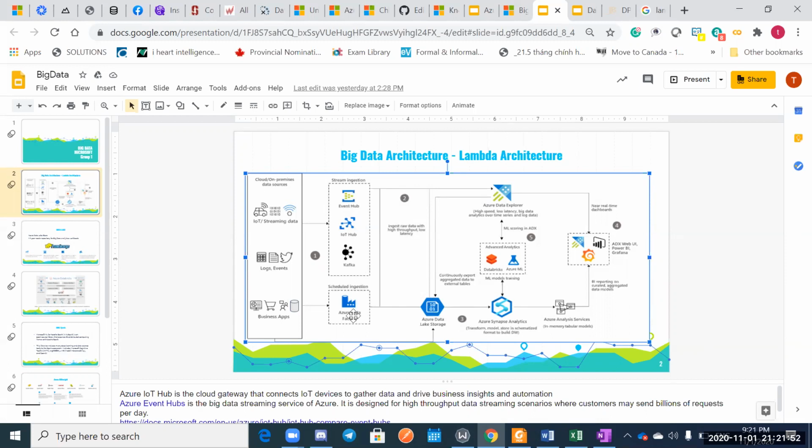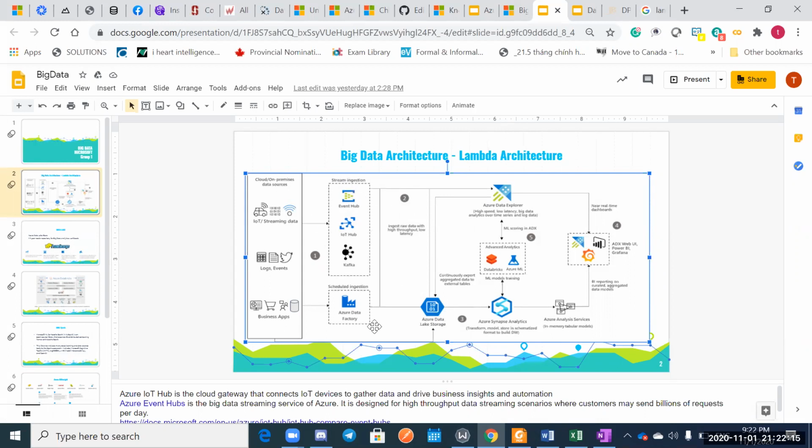And for the cold path, it is batch processing, so you need something like Azure Data Factory. You need tools to store your data. And then this is the load path, right? You load the data into the... well, sorry, this is the extract path. Remember, we have ELT.